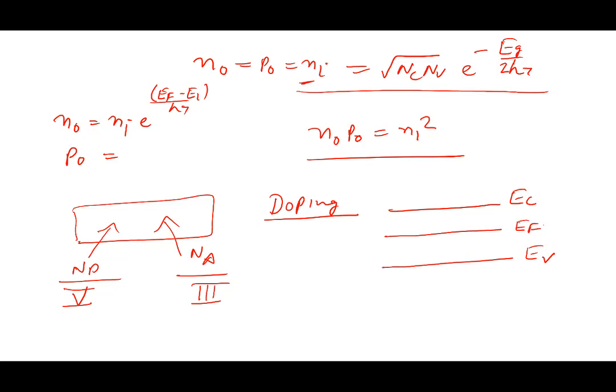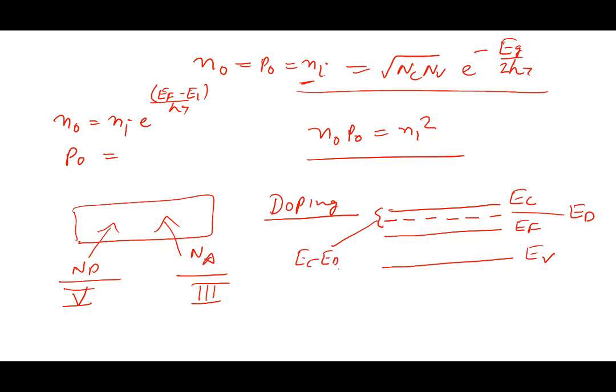And when you add doping, we said doping manifests itself as a level, ED in my band diagram, a donor level. Different impurities are at a different energy. And this EC minus ED is important.